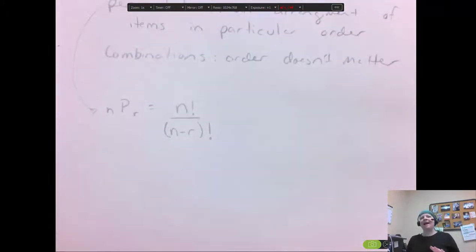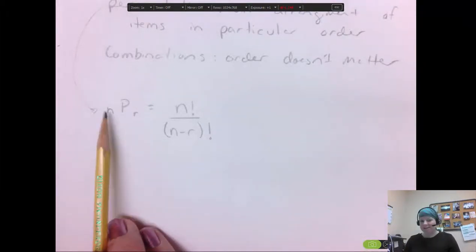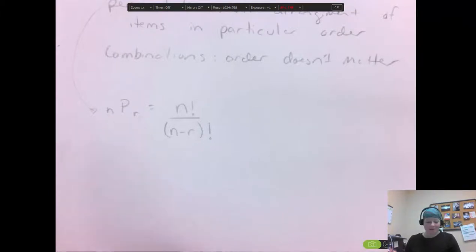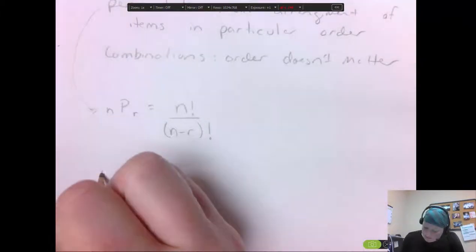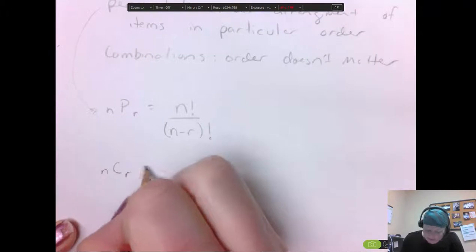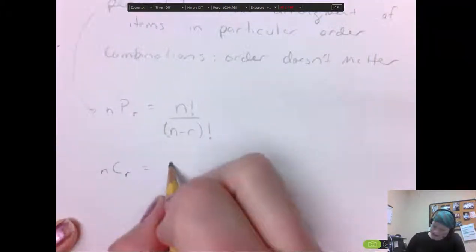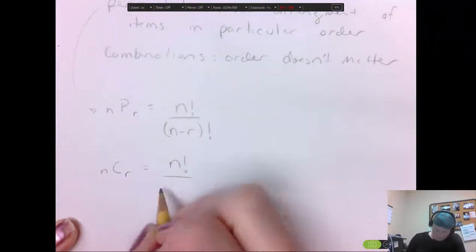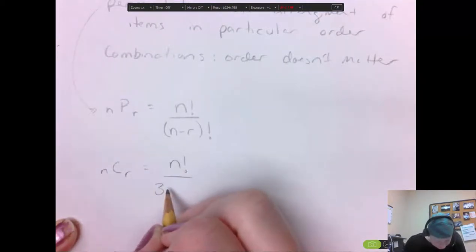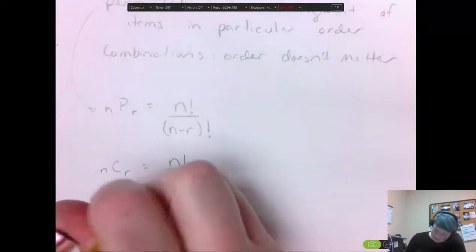So I might have 26 letters and I want to choose 3. So we have 26 letters and you'd have the 3 here. Combinations is written the same but with a C, but the formula is different. It is n factorial over r factorial.